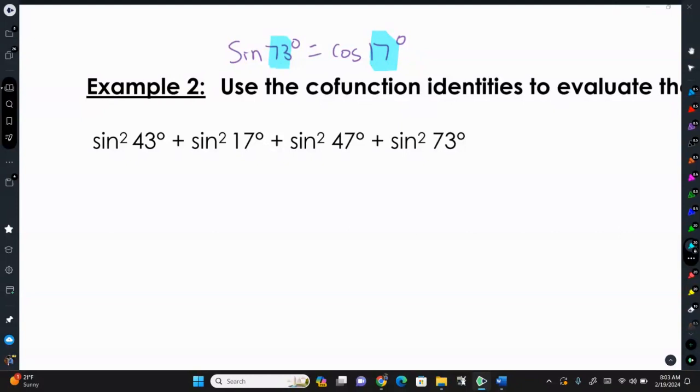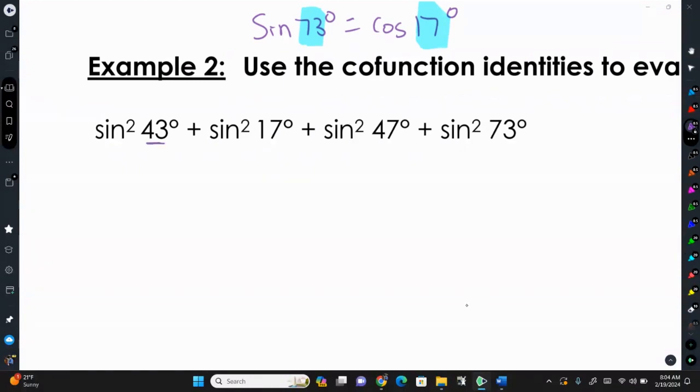Now, there's no rule that says I have to change all my sines. So we're going to use this to change some of these sines into cosines of the corresponding angle. I notice 43 plus 47 is equal to 90 degrees.